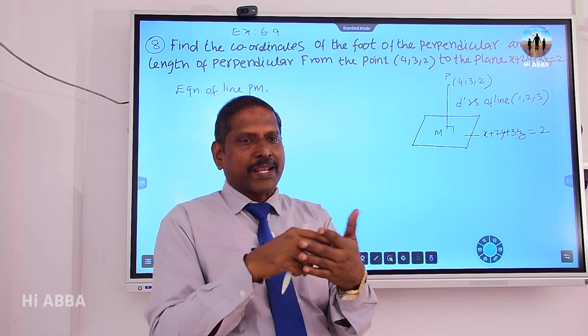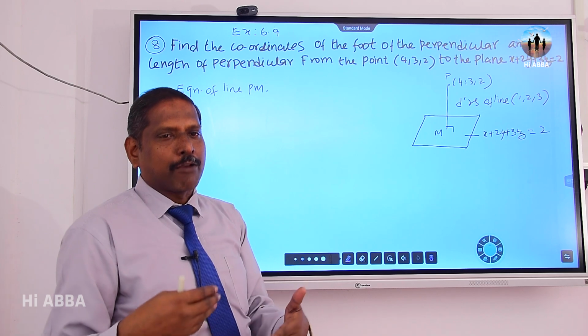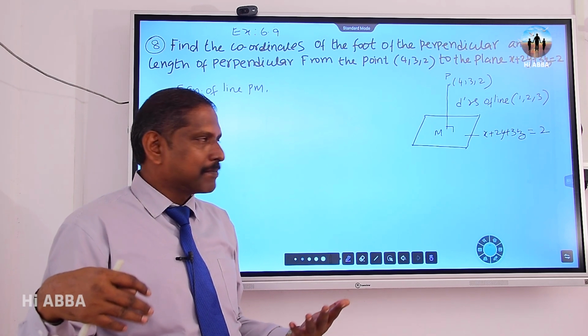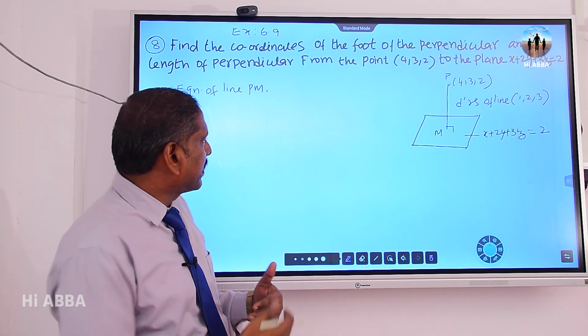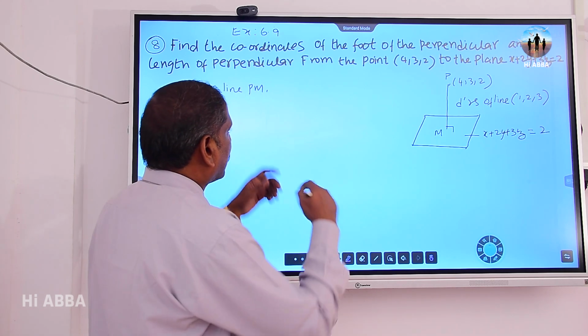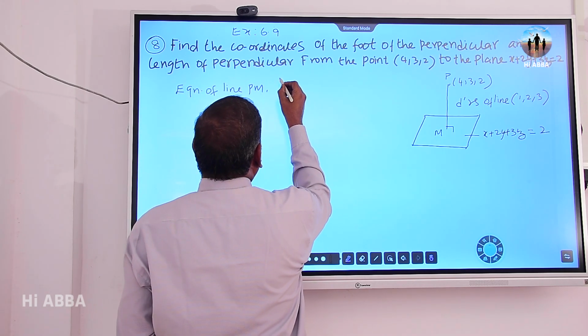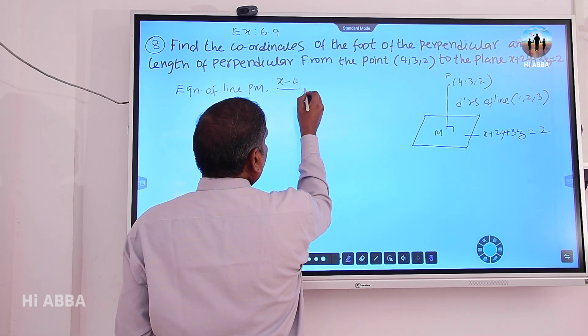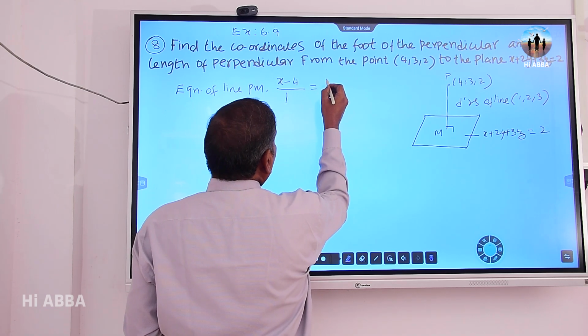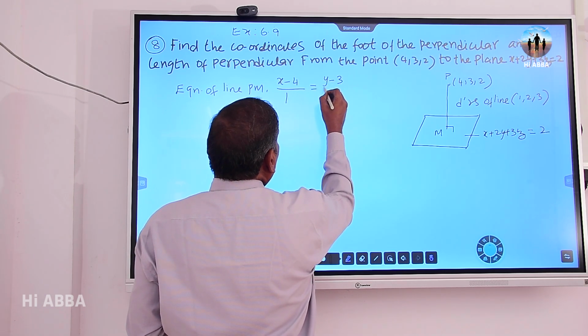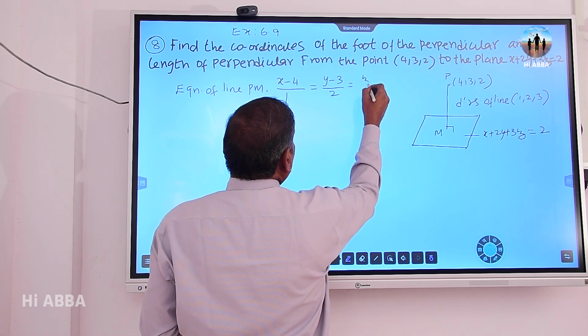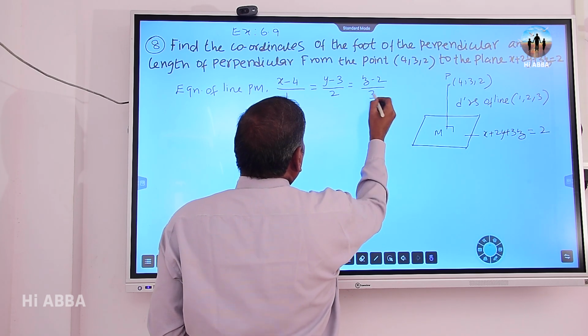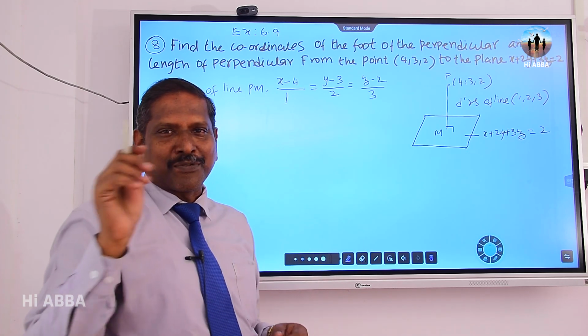It is (x - x1)/l = (y - y1)/m = (z - z1)/n. That's the equation. So we'll just substitute and write the answer. (x - 4)/1 = (y - 3)/2 = (z - 2)/3. So this gives you the equation of line PM.